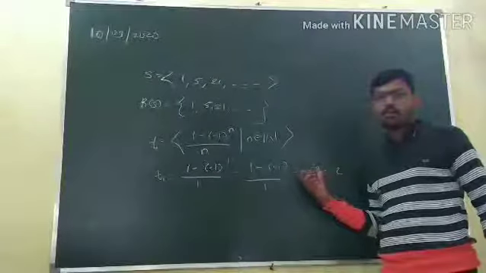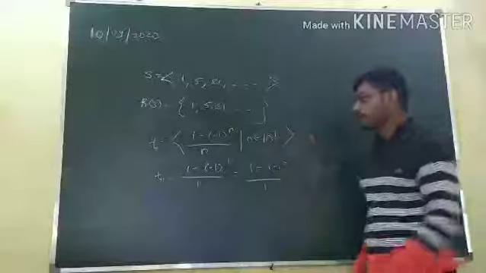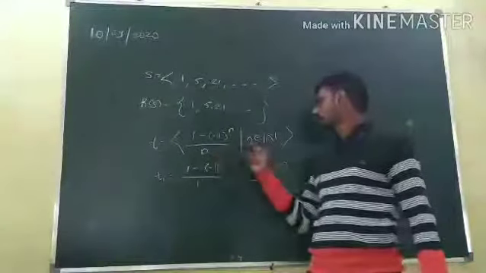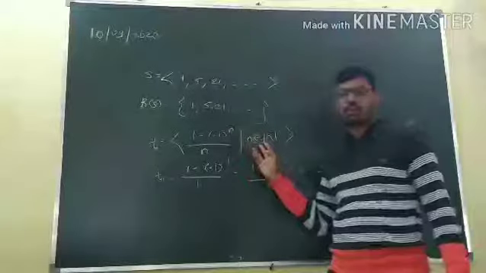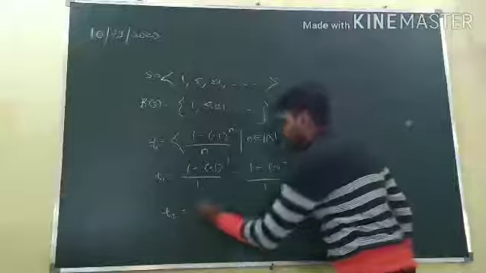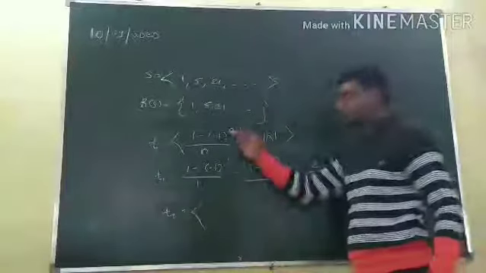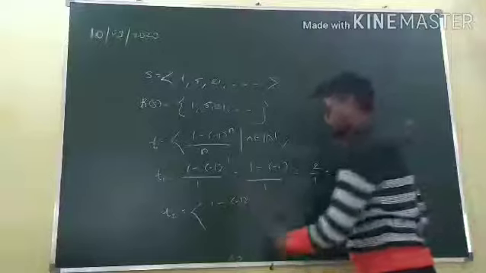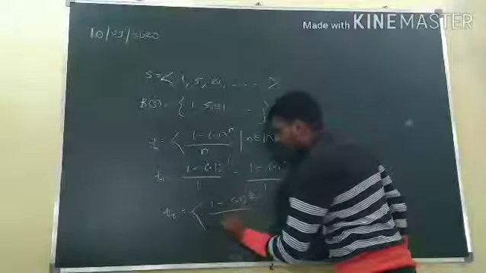Now we will try to find the second term. For that purpose, we put n equal to 2. Then t2 is equal to 1 minus (-1) raised to power 2, upon 2.